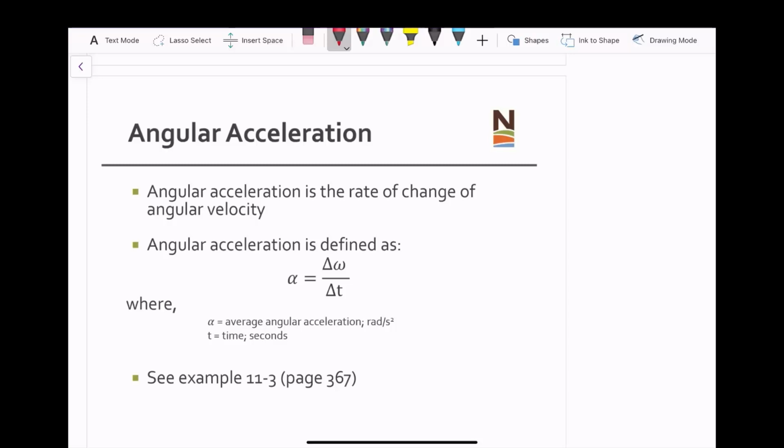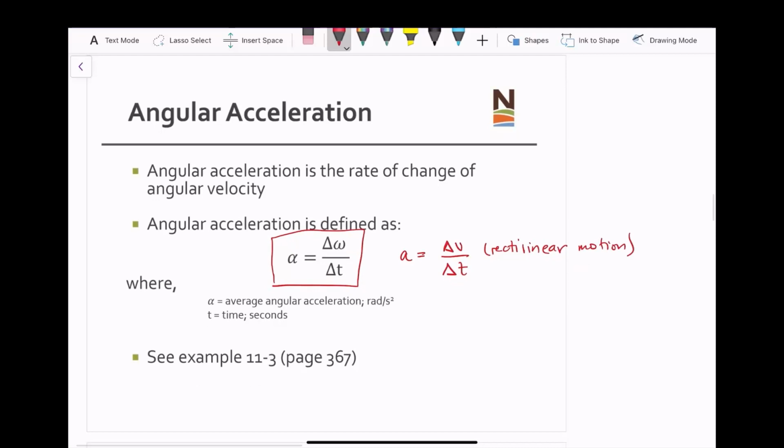Angular acceleration is defined as alpha equal to delta omega over delta t. So this is very similar to our a is equal to delta v over delta t equation. Again, that one is for rectilinear motion. And you can see example 11.3 on page 367.